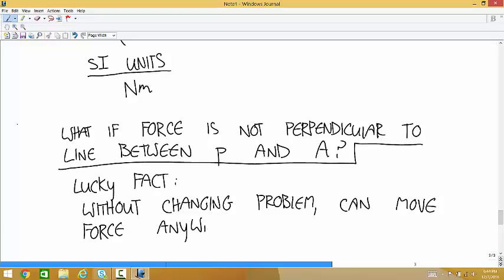And the line of action is that dotted line. No, but I'll show you what it is. Line of action.